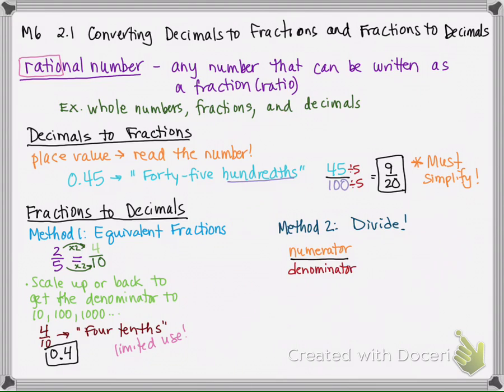So remember, we're starting with a fraction. So what do we do? Well, we're going to rewrite the problem so that we create that little division house. The numerator is going to go underneath or inside. The denominator is your divisor, so he's going to go outside.